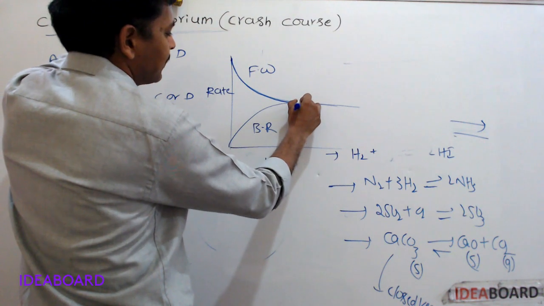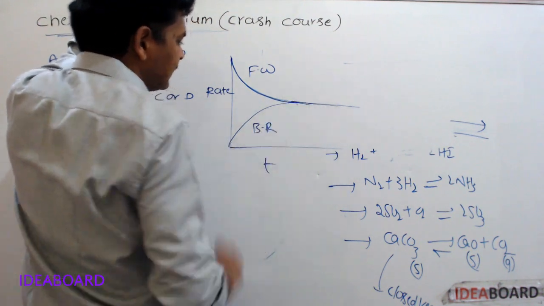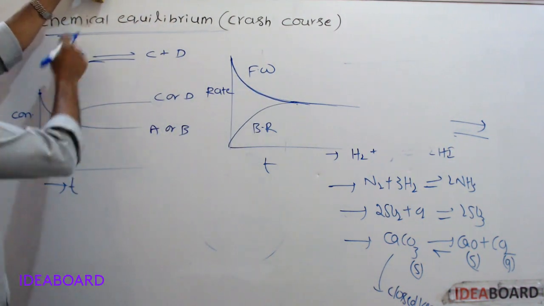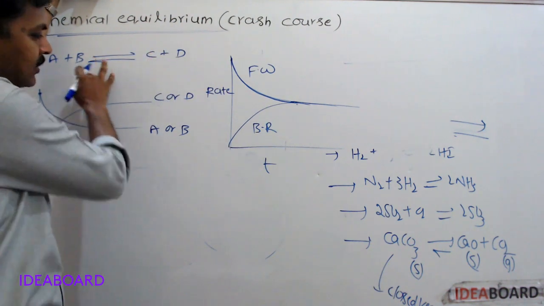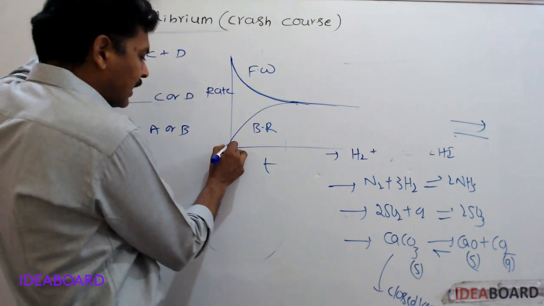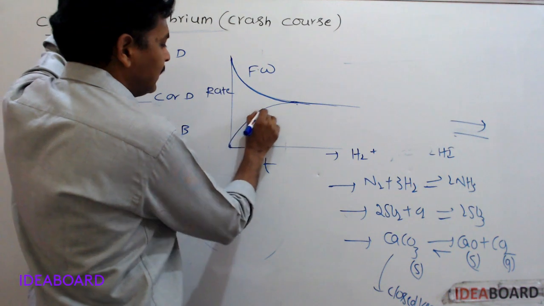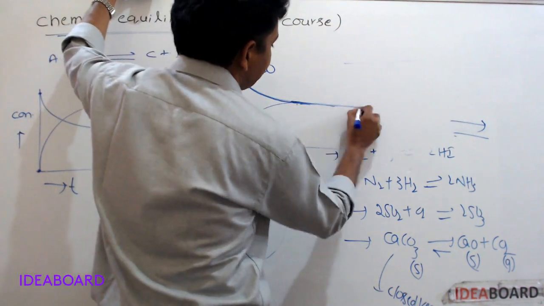After reaching this point, it remains the same. Initially there are no products, hence there is no backward reaction, so the rate of backward reaction is 0. As time proceeds, the rate of backward reaction increases till here. After reaching this point, it remains the same.